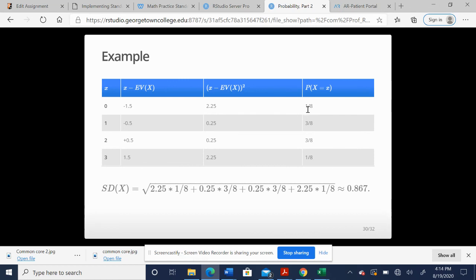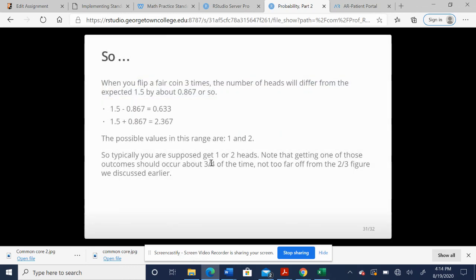And then we have the individual probabilities of those results. So we're going to take this probability times the squared deviation, and we're going to add those up. That's what you see happening down here. The deviation squared times the probability. The deviation squared times the probability. Same thing, and we have them all added up. Once we do that, square root, boom.